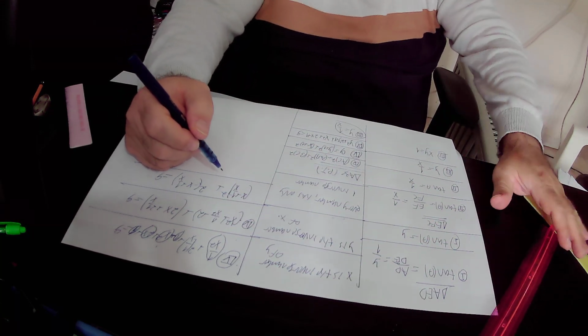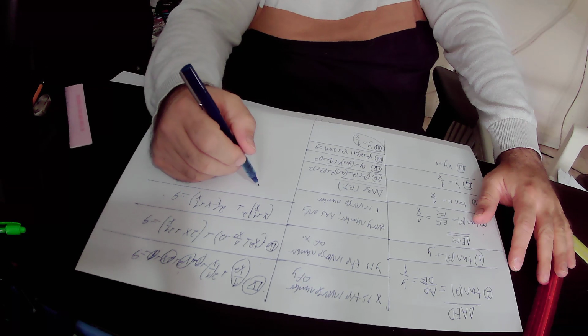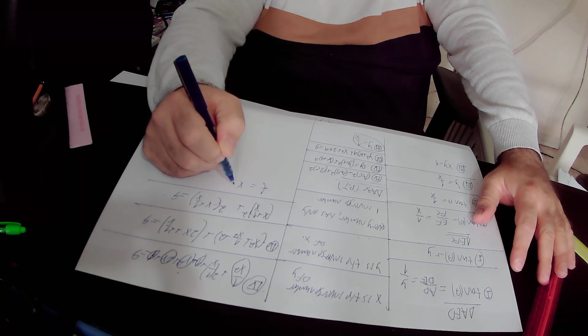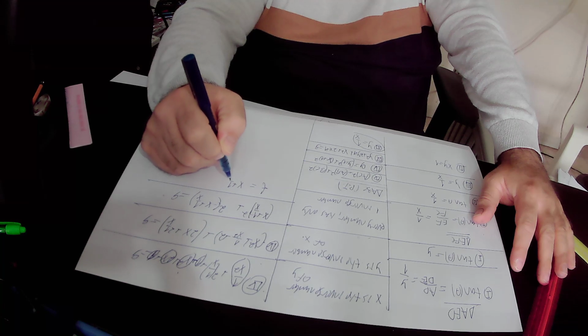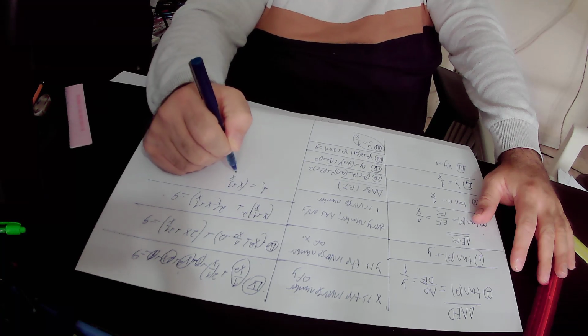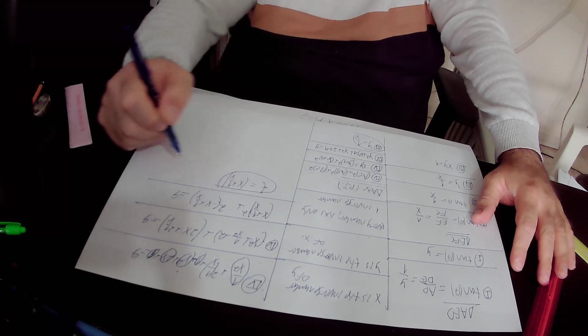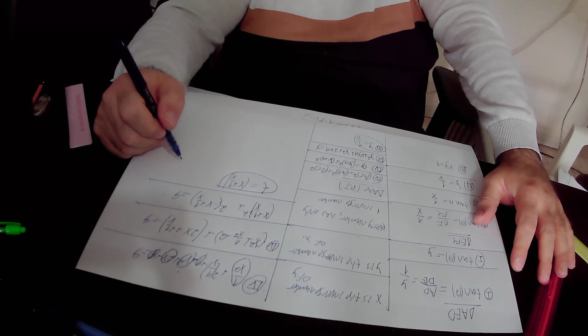Here we will define t as x plus 1 over x. That is to say, t equals x plus 1 over x according to our definition.